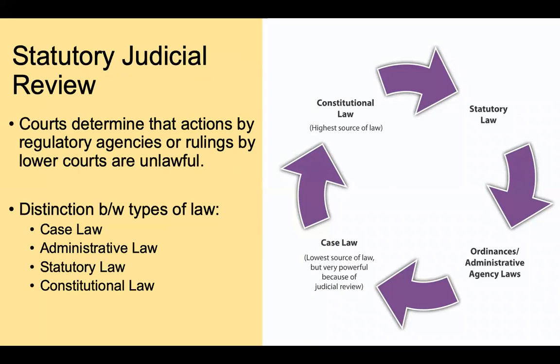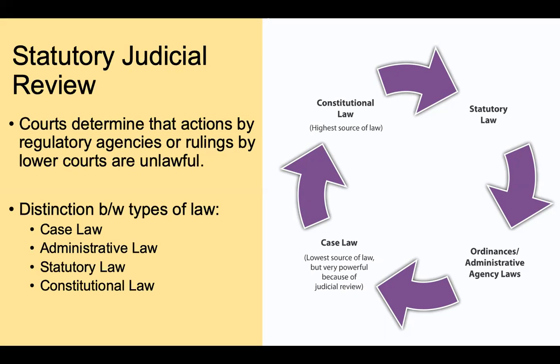This is the kind of judicial review that you probably hear of most often. This is where you hear about the Supreme Court taking up a case that a lower circuit court or a lower court took initially and made a ruling on. You hear about a circuit court taking a case that a still lower court made a ruling on, and so on and so forth. This is fairly common. This is the bulk of judicial review.